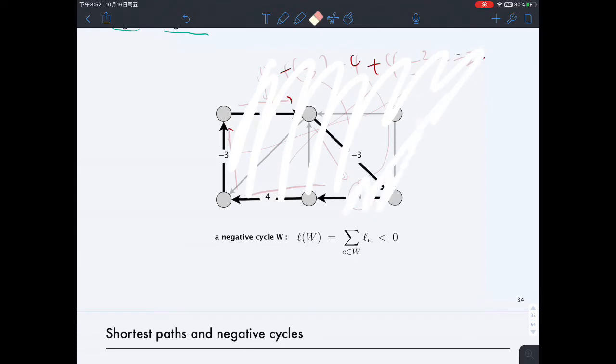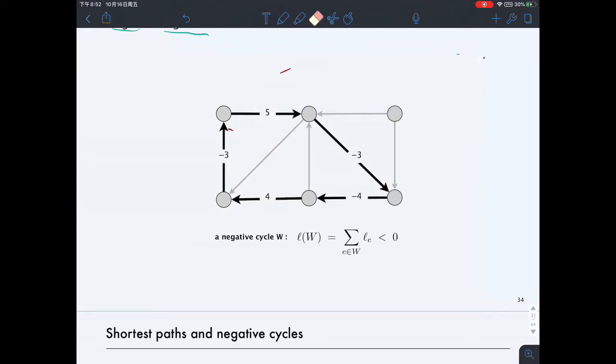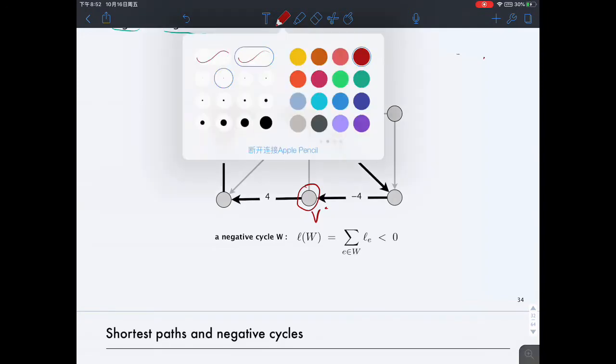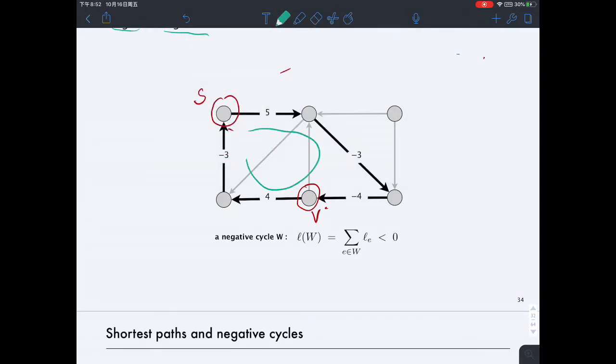There's a pathological case presented here. If I want to find the shortest path between S and V, what I'm going to do is just keep looping. I'm going to loop once, and loop a second time.